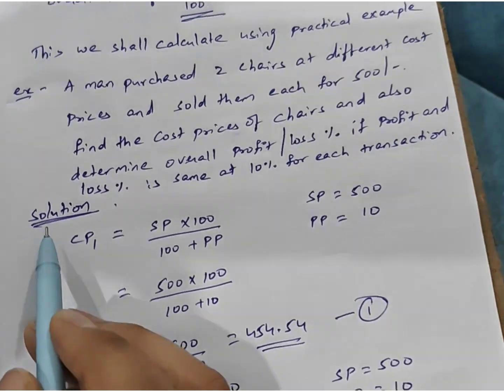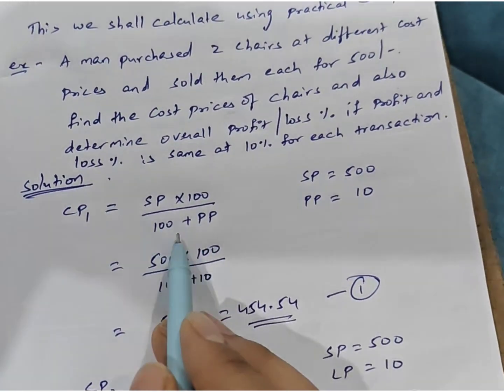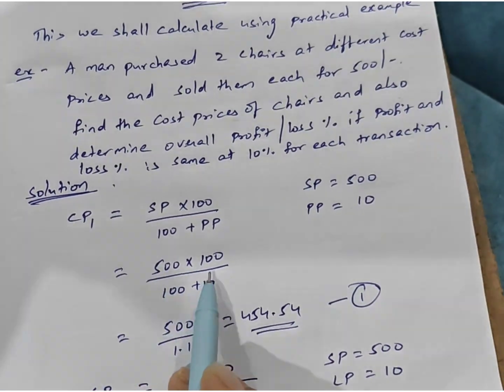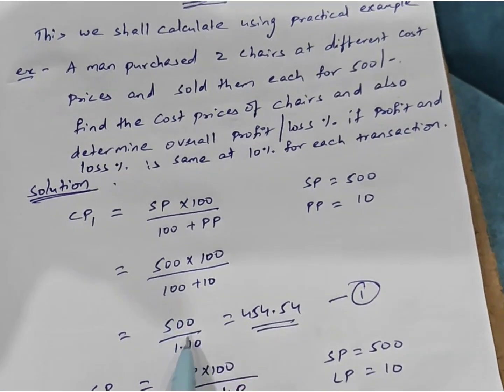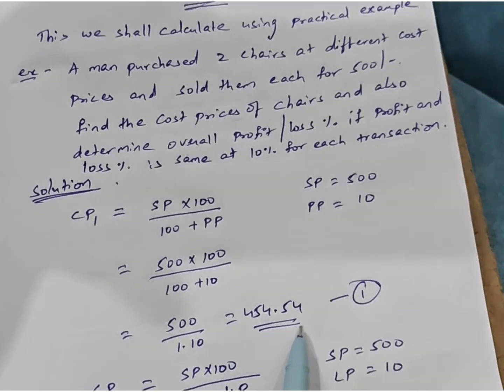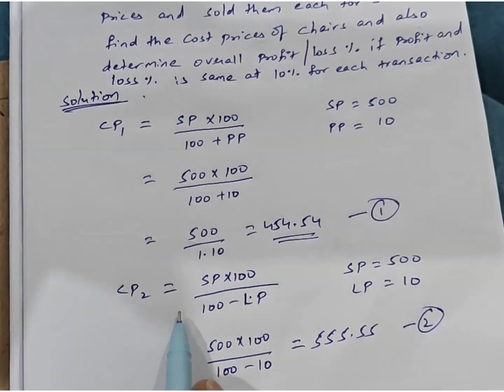Solution for this starts from determining the cost prices. In scenario 1, cost price 1 is equal to SP into 100 by (100 plus profit percentage). Here, selling price SP is equal to 500, profit percentage is equal to 10, and by calculation we get 454.54 rupees as cost price 1.